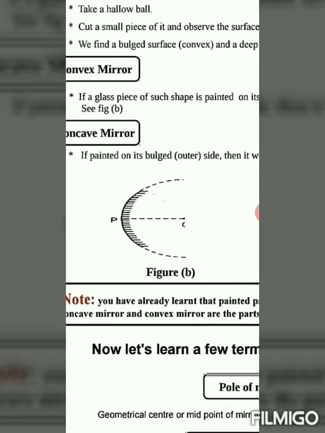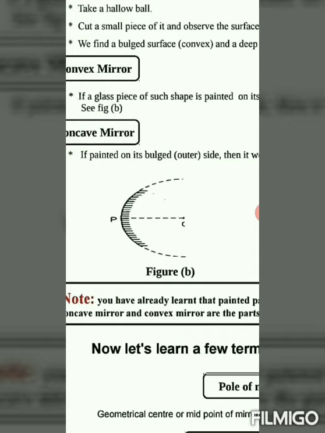Center of curvature means if you draw many normal lines from the spherical surface, they will meet at one point on the principal axis. Here PC is the principal axis. If you draw a horizontal line between P and C, that is the principal axis. If you draw so many normals from the surface, they meet at point C. That point is known as the center of curvature.